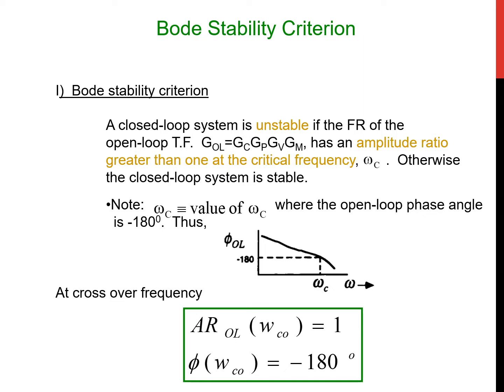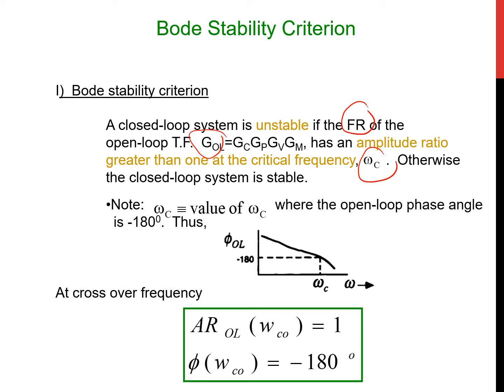Okay, let's take a look at what is meant by the Bode stability criterion. This criterion indicates that a closed loop system is unstable if the FR of the open loop TF, where FR stands for the frequency response and TF is the transfer function, that is the GOL, GC, GP, GV, GM, has an amplitude ratio greater than 1 at the critical frequency WC.